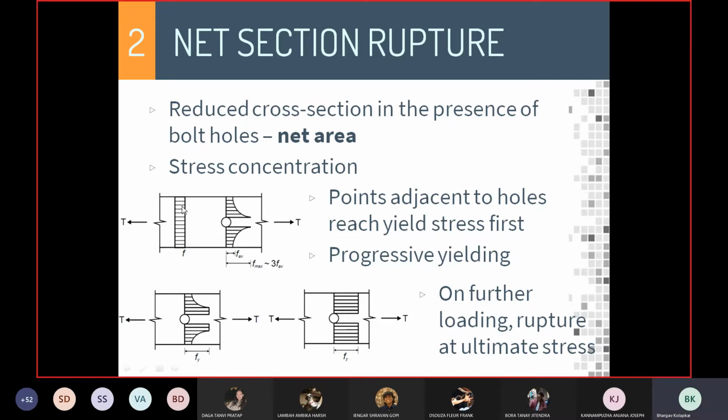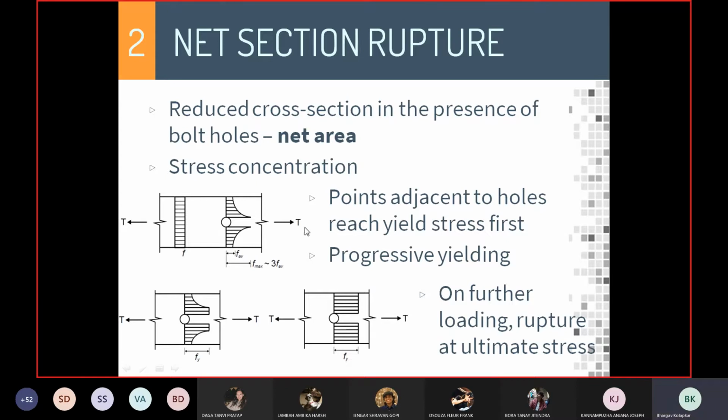Similarly, here, the flow of stress is uniform, but as you reach this point, there's suddenly a hole, and the flow of the stress is now disturbed. So, very near to this hole, the stress is going to be larger as compared to the average stress. Now from the theory of elasticity, this maximum stress is about 2 to 3 times the average stress. Now, why are we talking about this?